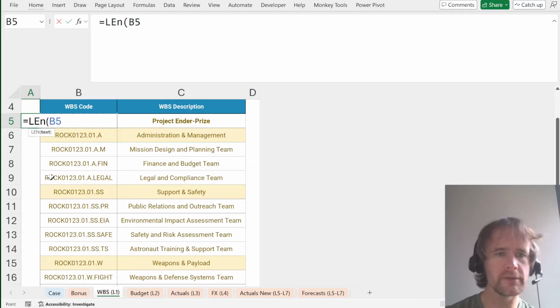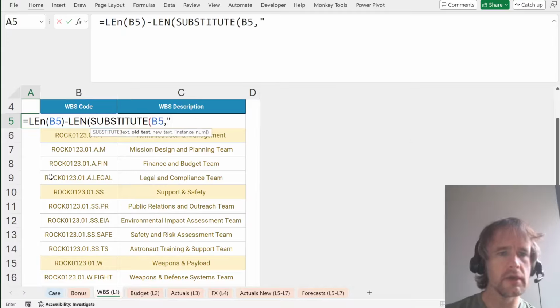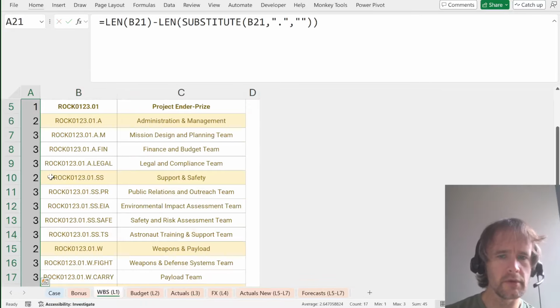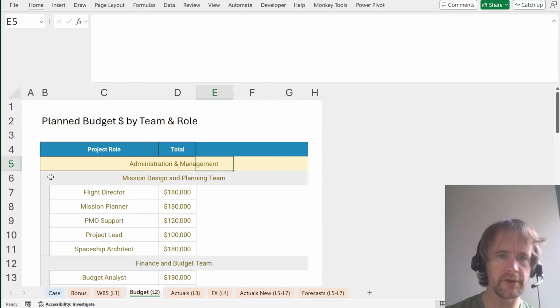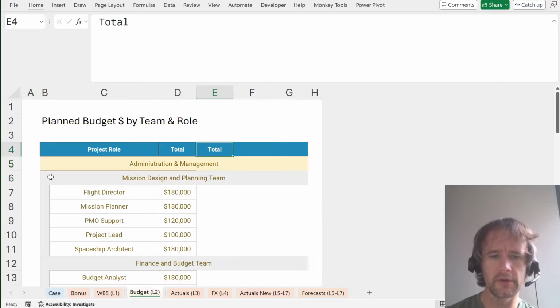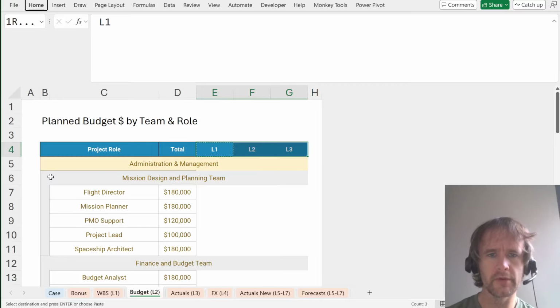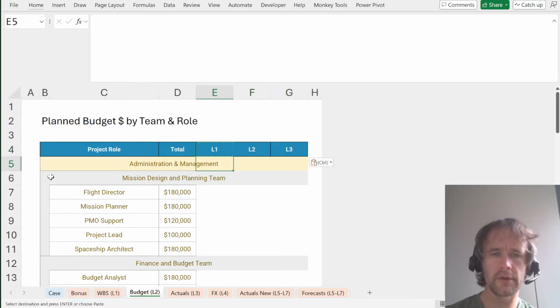Of this minus len of substitute this dot to nothing. And yes, the max is 3. Fine. So then I just want L1, L2, and L3. No, L hash, no. So then, and I guess level.